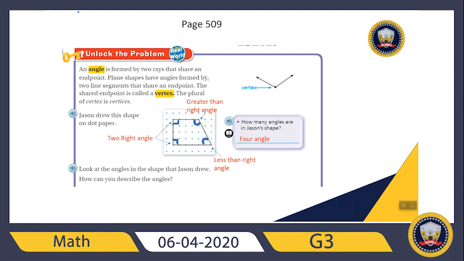So we understand that in Jason's shape there are 4 angles. This is less than a right angle because the right angle comes from this side, and if it goes in, it is less than a right angle, and if it opens, it is greater than a right angle.